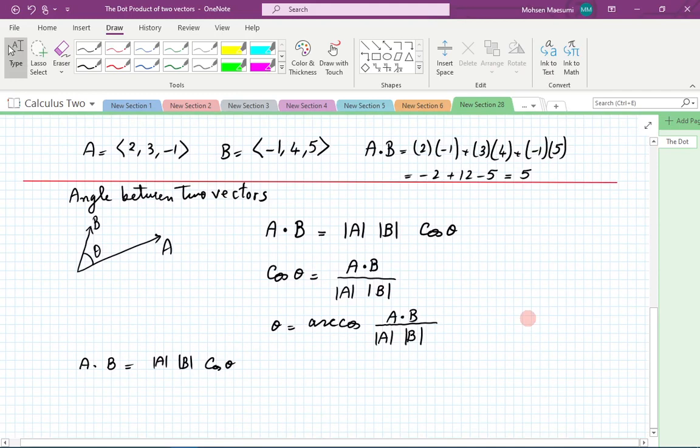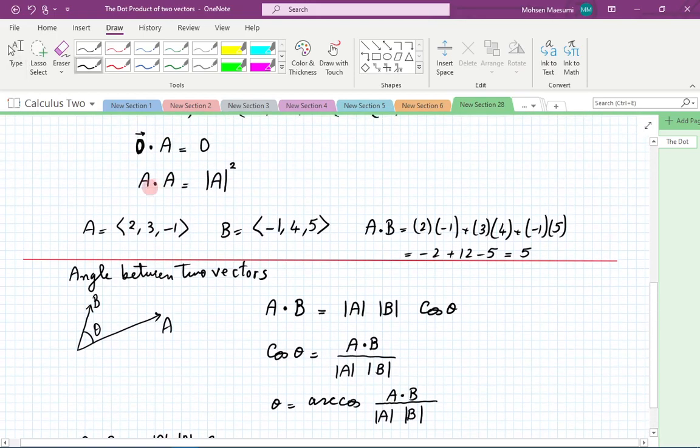In the context of this example, A dot B was 5. How about the length of A? As we said in a prior lecture, you can square the components and add them up, just like the Pythagorean formula, or you can do as we just said: A dot A is the norm of A squared, so you can dot this thing with itself and then take the square root.